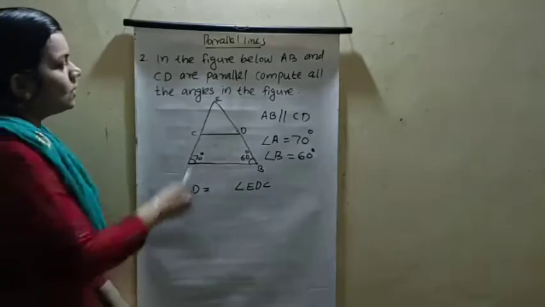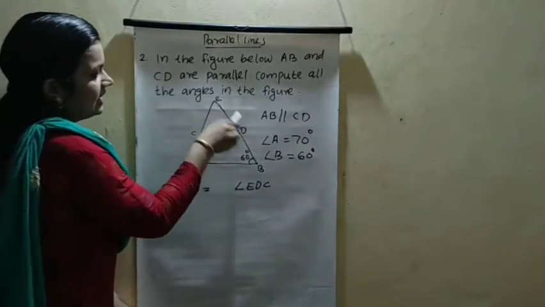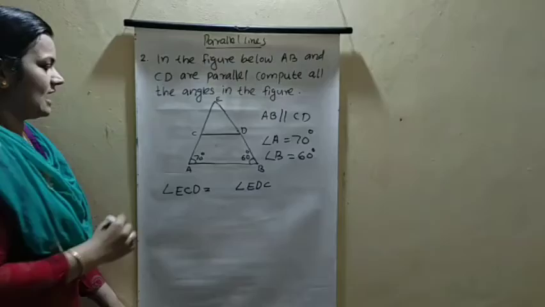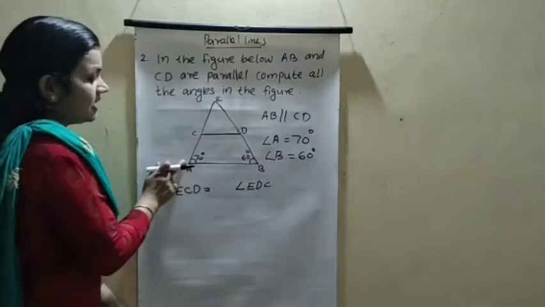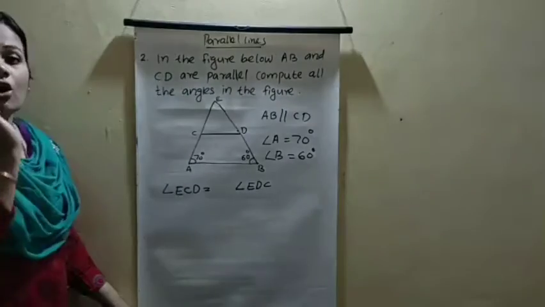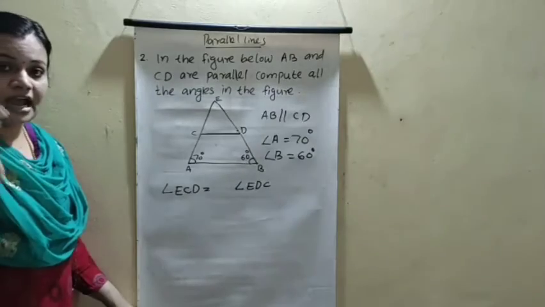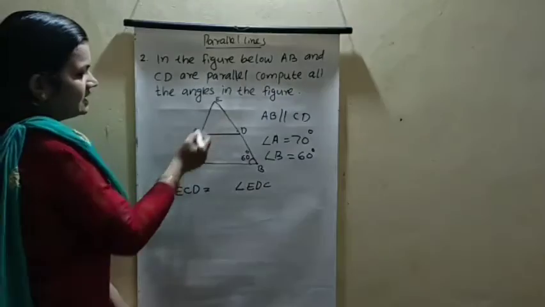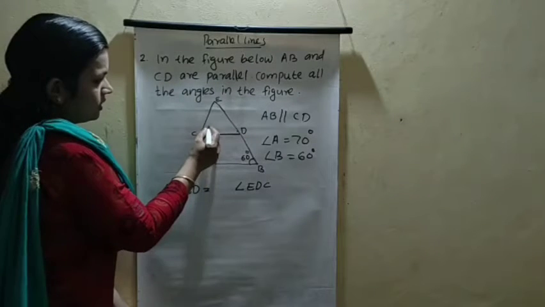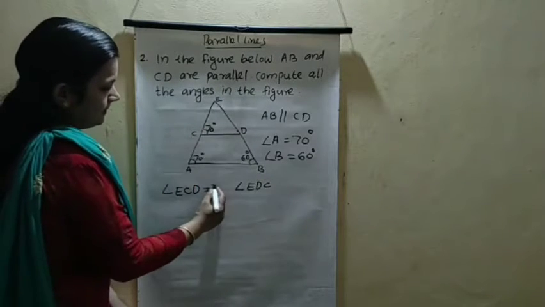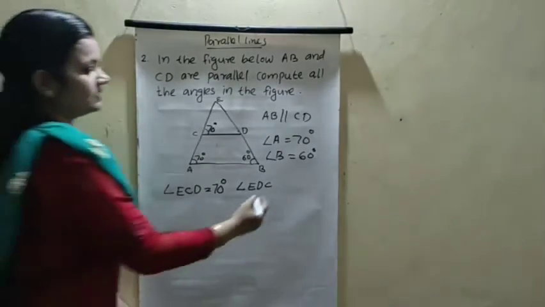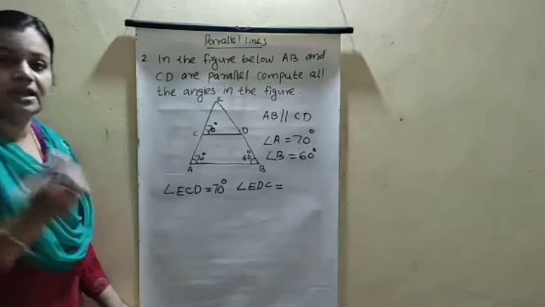Understood? Corresponding angles are in the same position, and corresponding angles are equal. So we can write angle ECD equal to 70 degrees. These are corresponding angles.